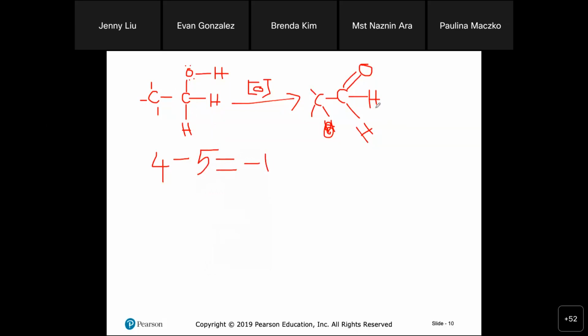But now if we consider the other compound, the formula is the same. The valence electron of carbon is 4, and we need to subtract the bonding electrons. How many do we have? Here the oxygen is highly electronegative, and oxygen takes 2. So what else do we have here? Here is 1.